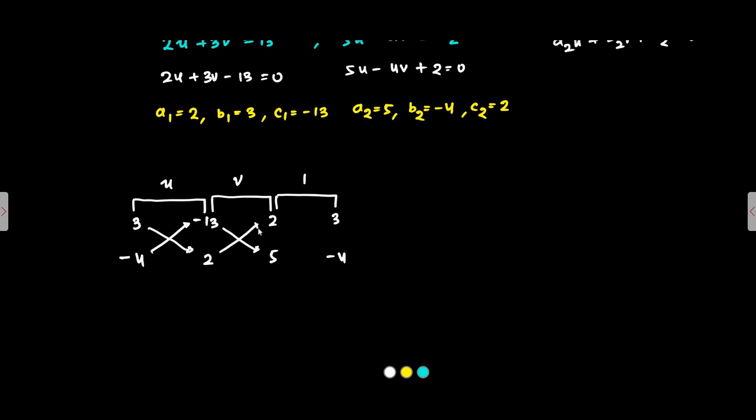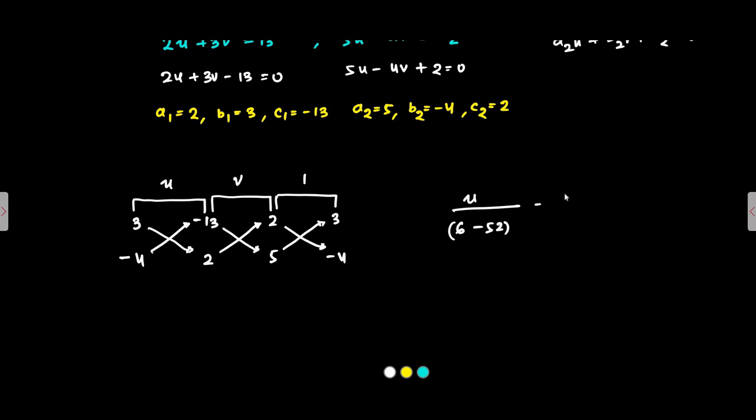So, cross multiplication. Here it will be u by b1c2 - b2c1. So b1c2 is 3 into 2, that is 6. b2c1 is -4 into -13, which is +52.